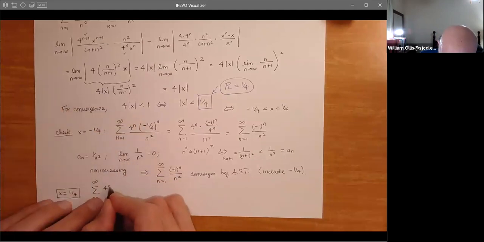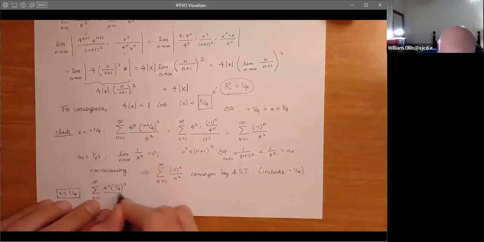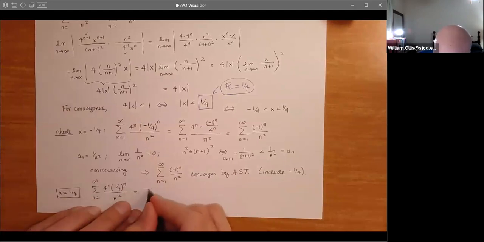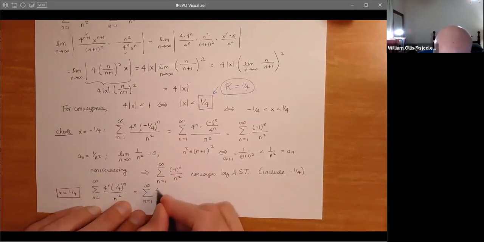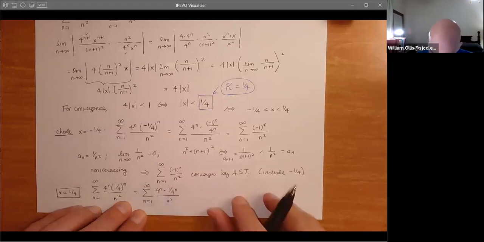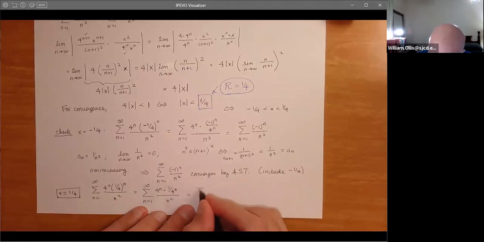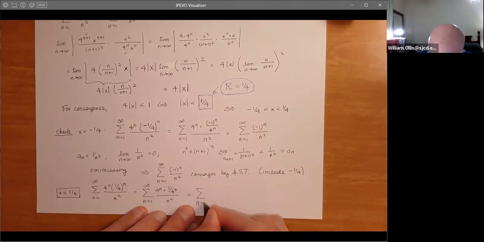So we have 4 to the n, 1/4 to the n squared. Now again, this will give us the series n equals 1 to infinity, 4 to the n times 1/4 to the n divided by n squared. And of course, the 4 to the n's absorb, and this leaves us with a series that we know very well, n equals 1 to infinity of 1/n squared.